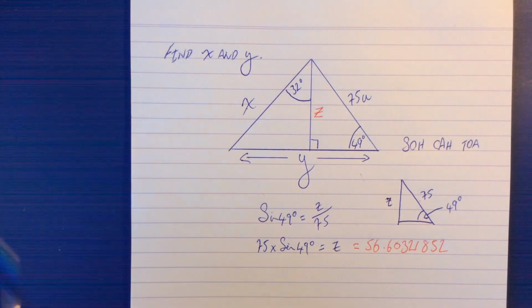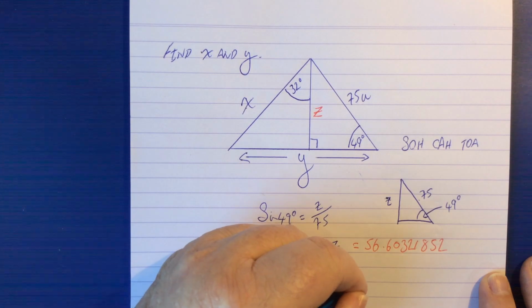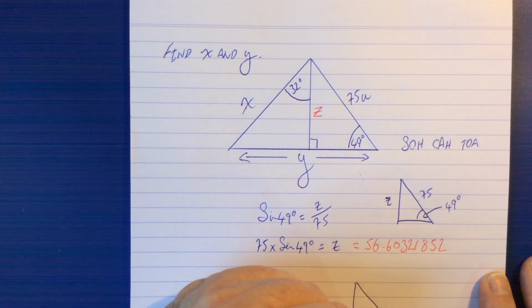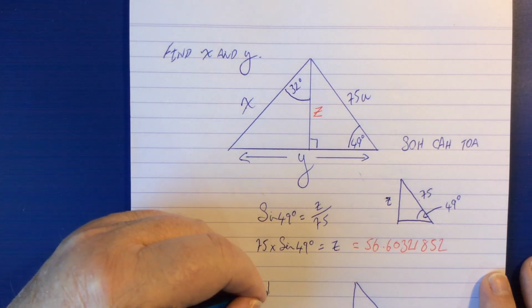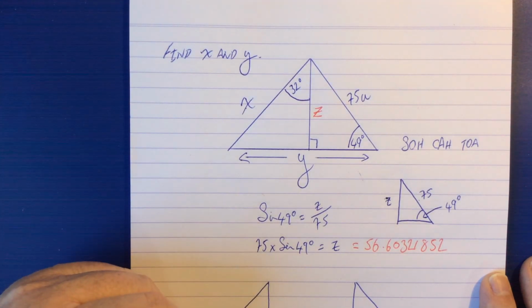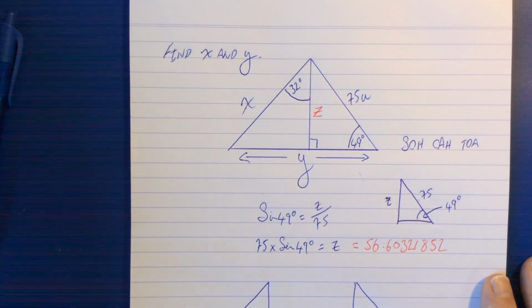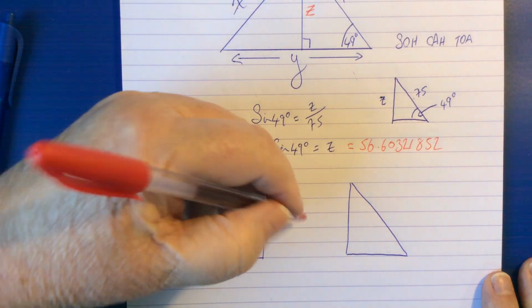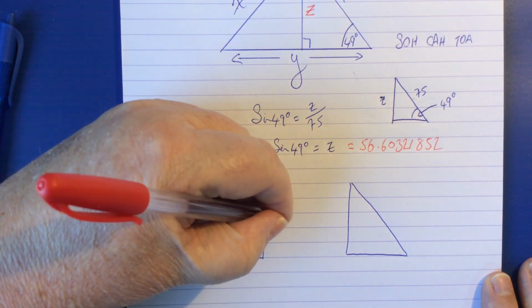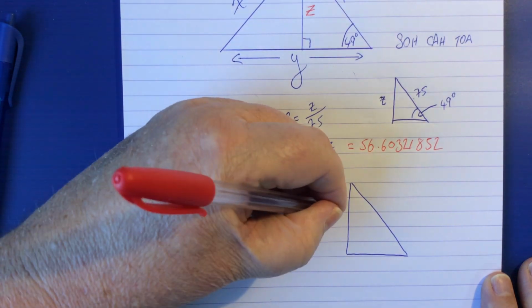So what I'm going to do now is draw 2 more triangles that constitute the totality of the original triangle. And between these, I'm going to write the height, 56.60321852.